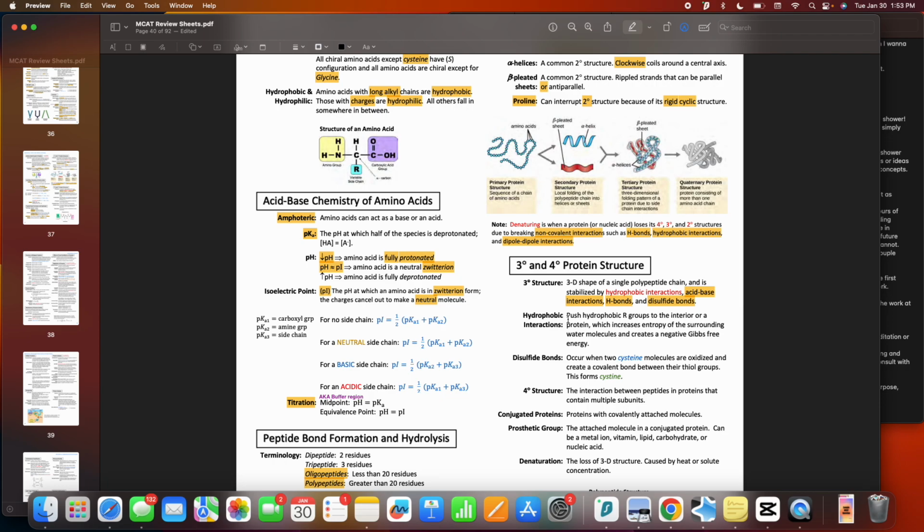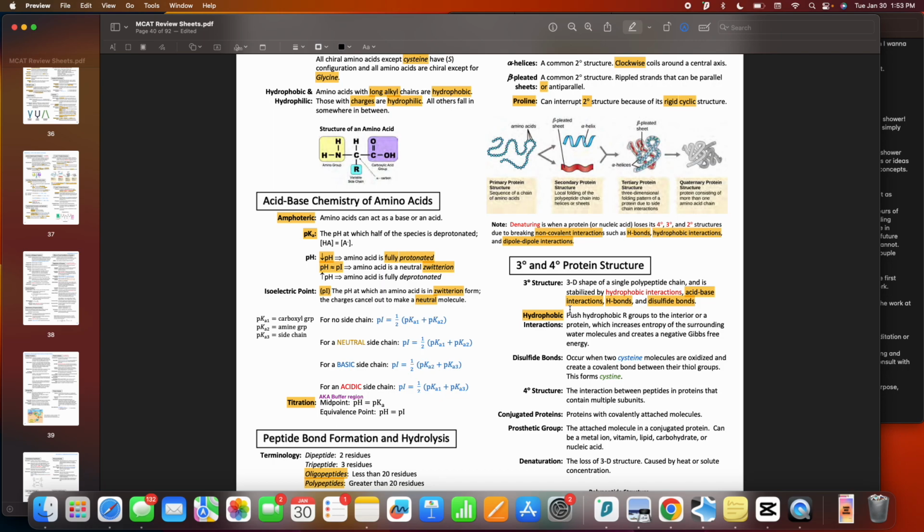So hydrophobic interactions, what are they? Okay, let's not do that. Push hydrophobic R groups. So we have like 6 or 7 of them.